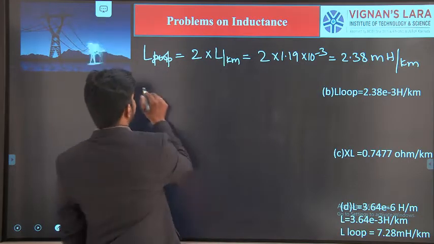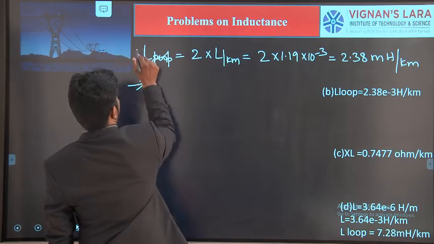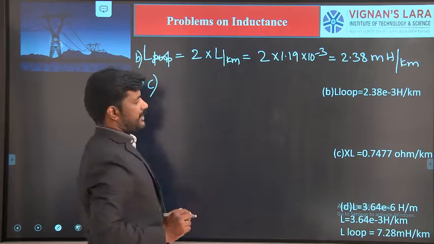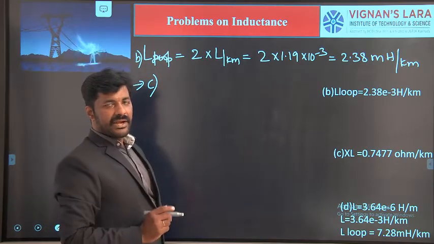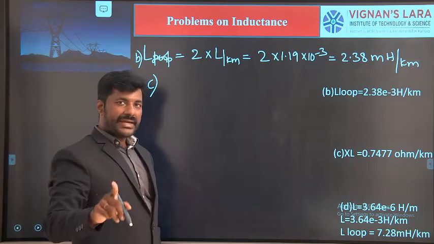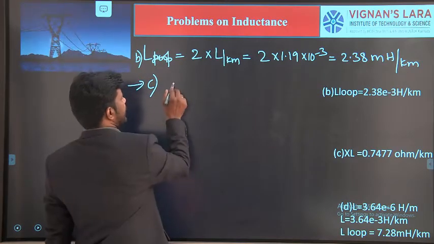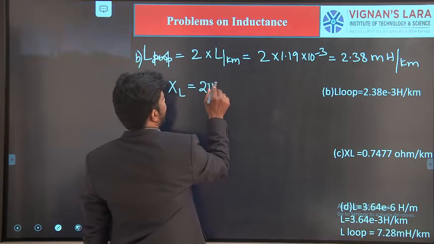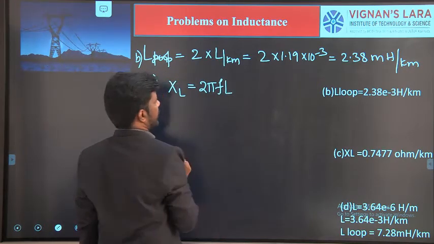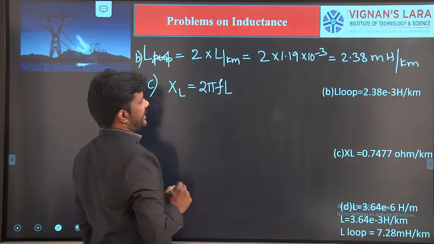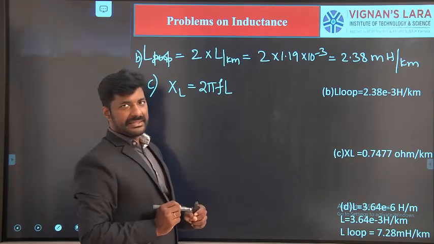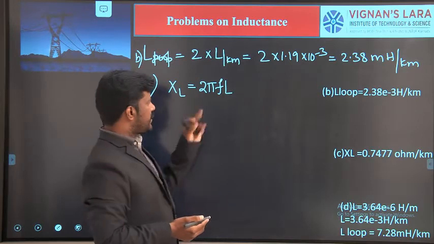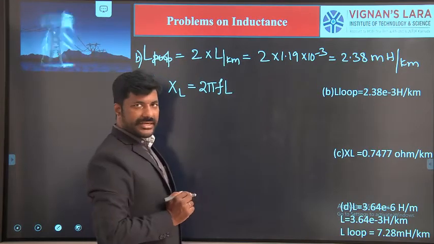After calculating the loop inductance, this is the B bit. Next we will move to the C bit. In the C bit they are asking to find the inductive reactance. What is inductive reactance? XL is equal to 2 pi FL. Since we know the value of loop inductance for 1 kilometer length, the same value is used here, and the frequency is 50 Hz.